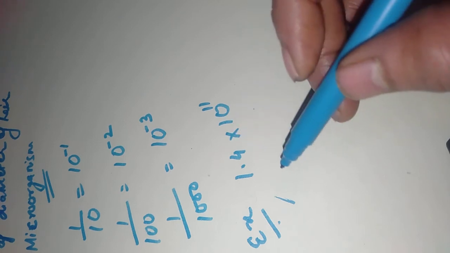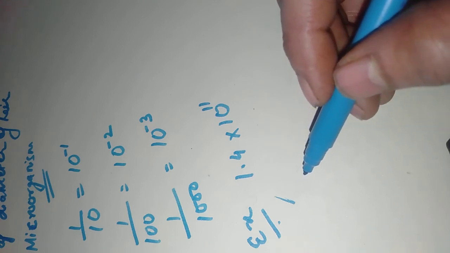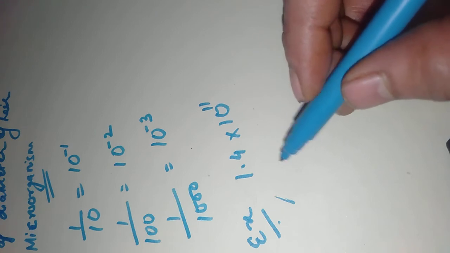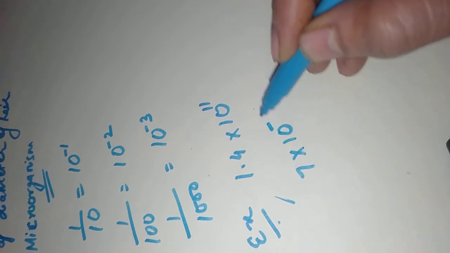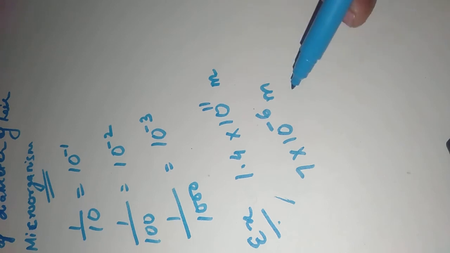Similarly for small numbers, for example the size of blood cells, they can be expressed in smaller units like 7 into 10 to the power minus 6 meters. That is how we can express large numbers and small numbers. Now in my next video I will tell you some examples to explain this more clearly.